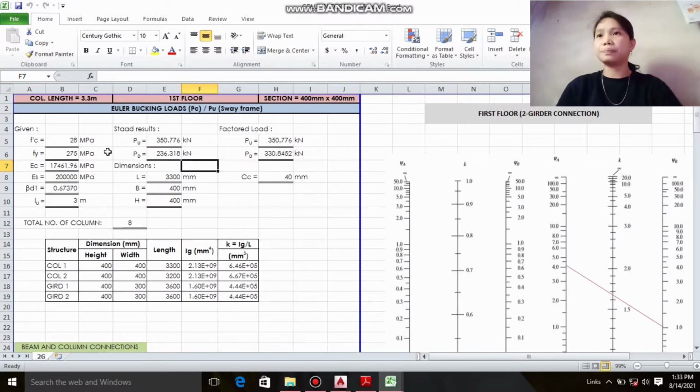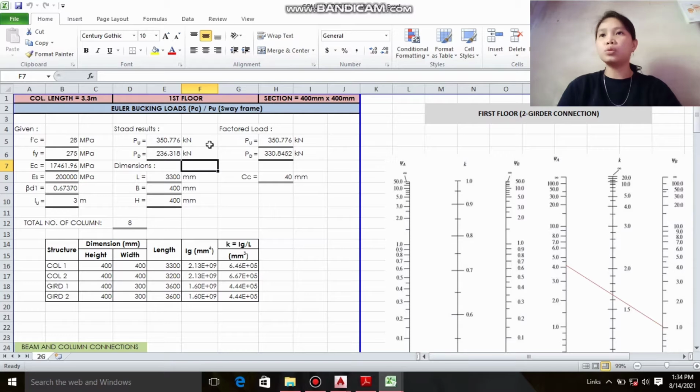So the given value for FC is 28 MPa and the yield strength is 275 MPa. The elasticity is 7461.96 MPa, and the ES is 200,000 MPa.